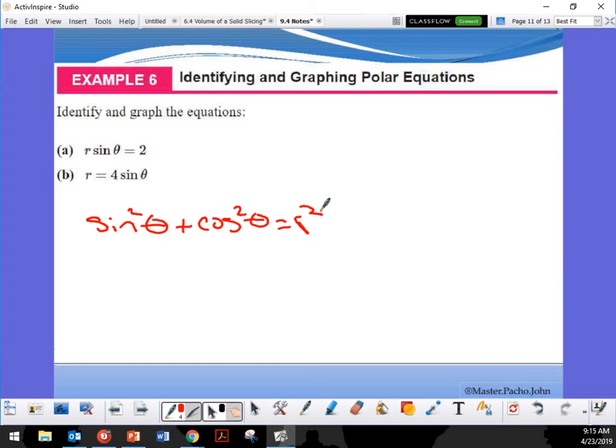Okay, so could I use this to try to get it a little bit better? Could I try to use this to isolate this a little bit better? Because if I divide by sine, that's not really going to help me out, right? No, because I'll have both variables over there. I really don't want that.